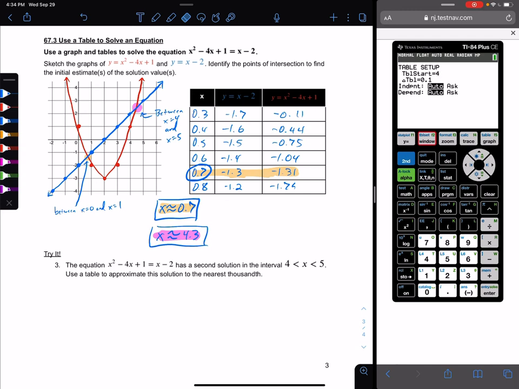But being able to compare, and we talked about this in the last video, being able to interpret a graph and being able to use a table to help you further interpret that graph is going to become a pretty useful skill, and it'll save you a lot of working by hand. It'll save you a significant amount of time if you're able to master these two skills. All right, so that's it for this video. Again, graph them. You're looking for the intersection points, and we're really just approximating here.